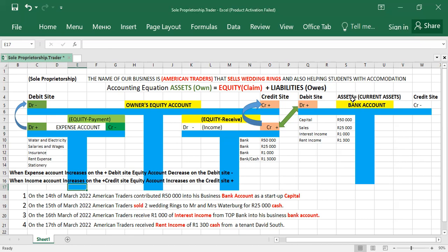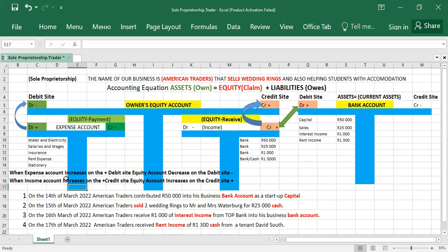By so saying, we have to know that when the business receives money on the debit side of the bank account, receives an income on the debit side of the bank account, the income account will also increase on the credit side of the owner's equity account.